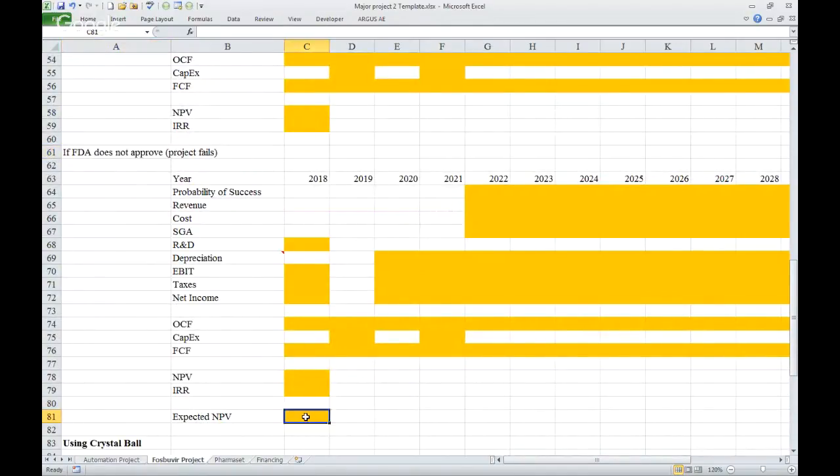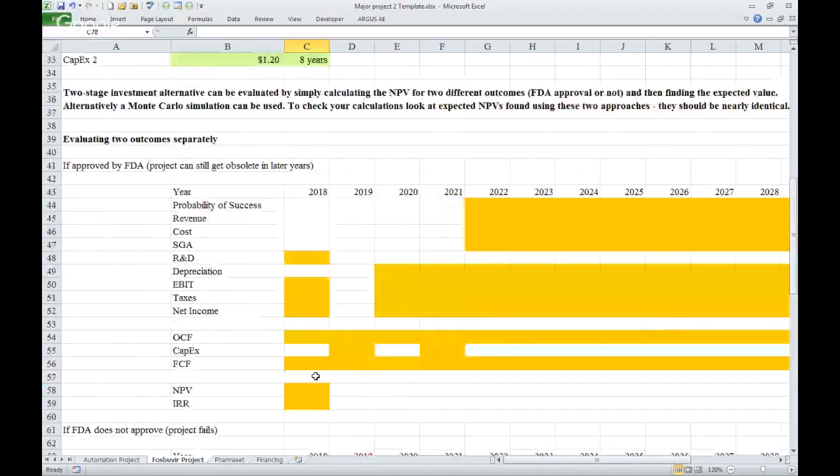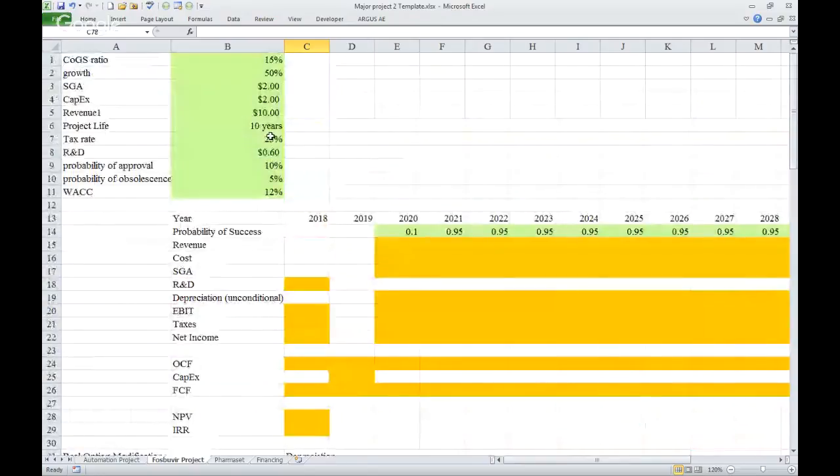And then after that, you calculate expected net present value, which is net present value when it's approved times the probability of approval plus net present value if it is not approved times the probability of failure, which is 1 minus the probability of approval.